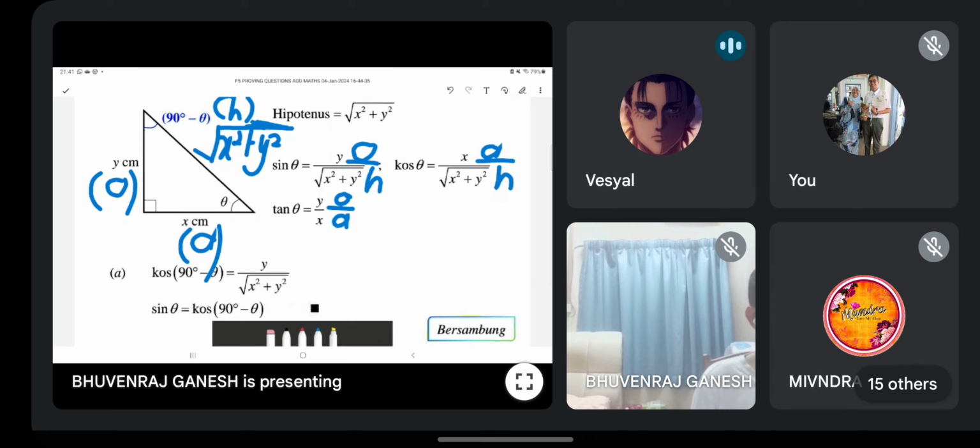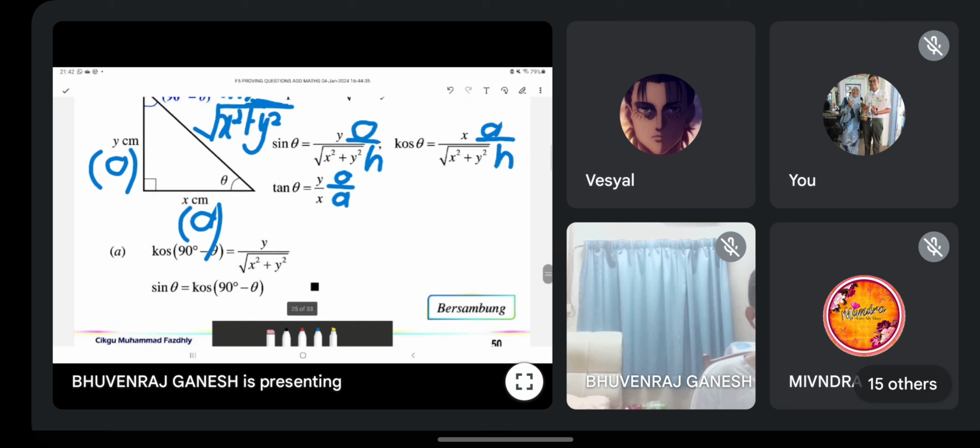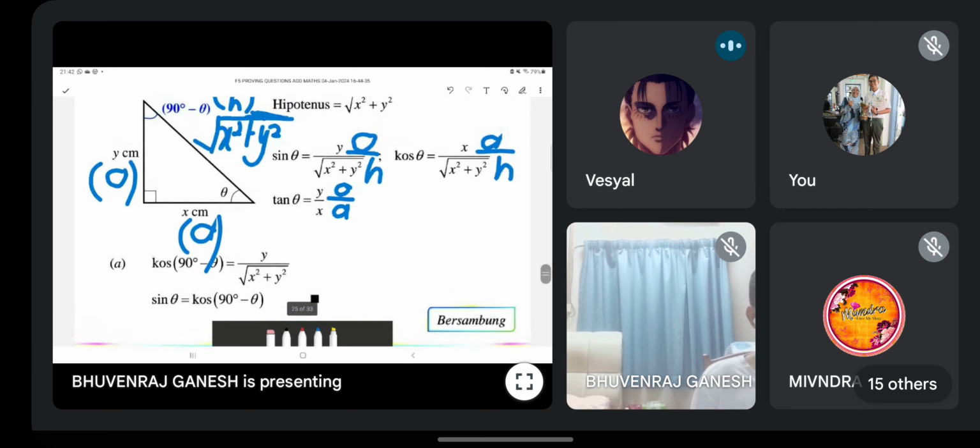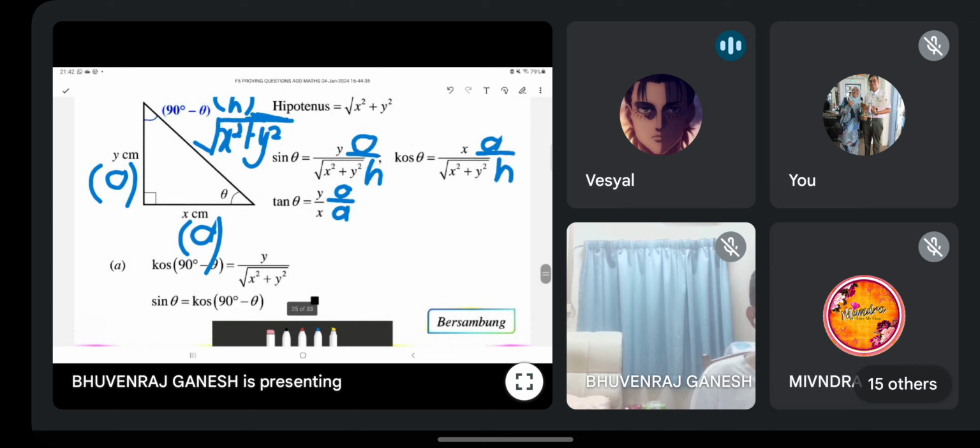So the next step is we want to prove that cosine 90 minus theta equals y over square root of x squared plus y squared, which equals sine theta. So our first step is we will substitute our values. Okay, so cosine theta is actually x over square root of x squared plus y squared, right?